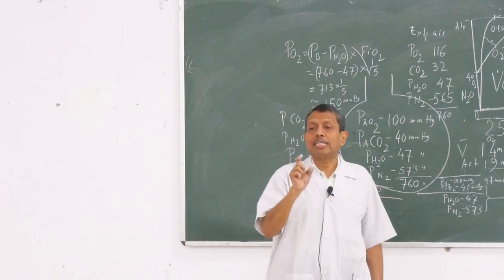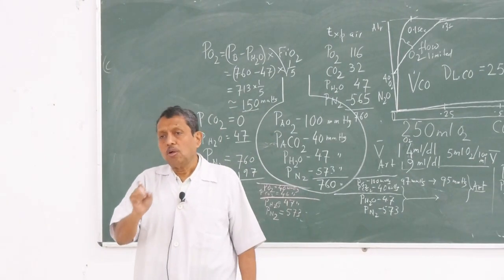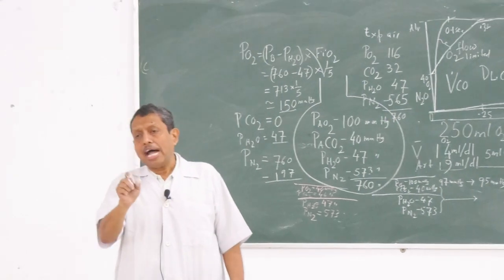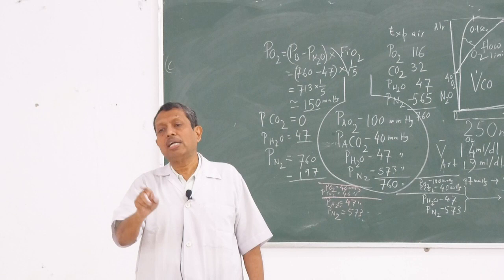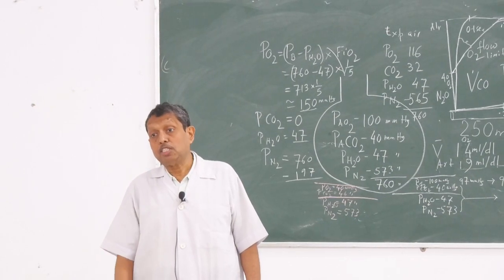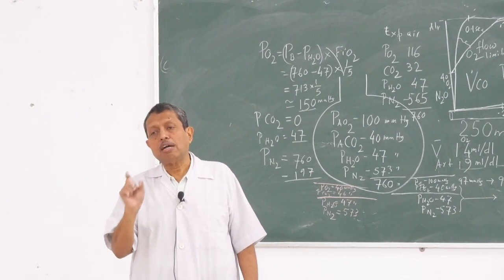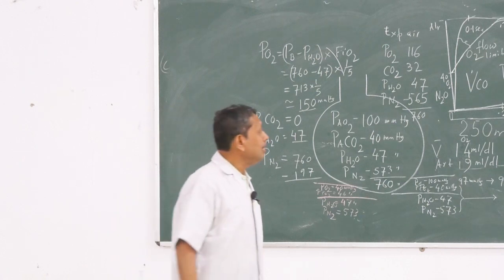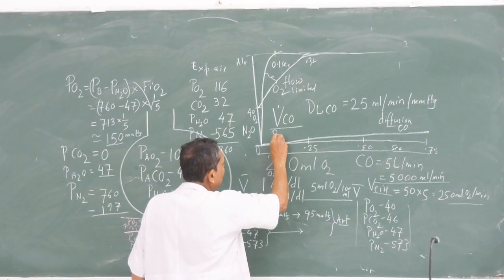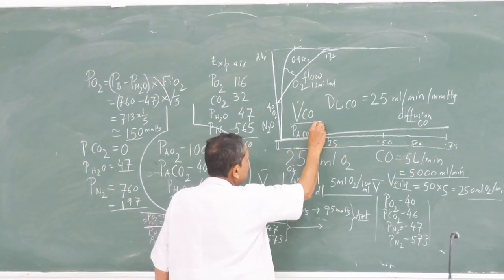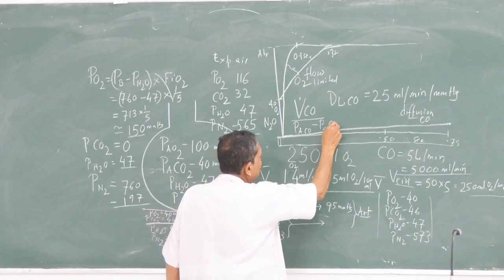From the alveolar gas sampling, you can find out what amount has been reabsorbed per unit time. There is the method, we are not interested in that. VCO, the carbon dioxide entering per unit time, will be divided by PaCO minus PACO.